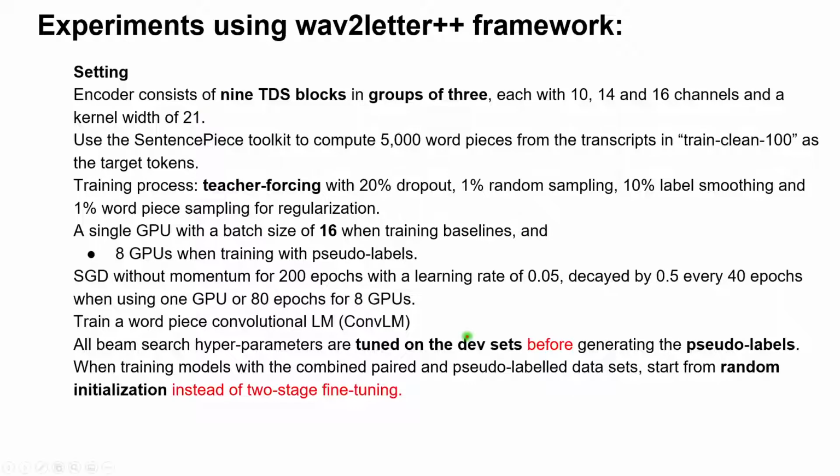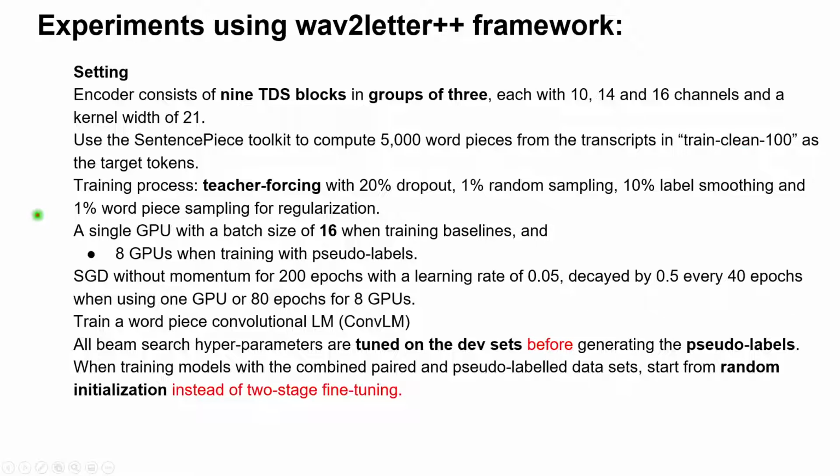Now, this is the setting. Here we discussed the TDS block. TDS blocks with 10, 14 and 16 channels were used along with a kernel size of 21, and the SentencePiece toolkit was used with 5K word pieces from only train-clean-100 as the target tokens.